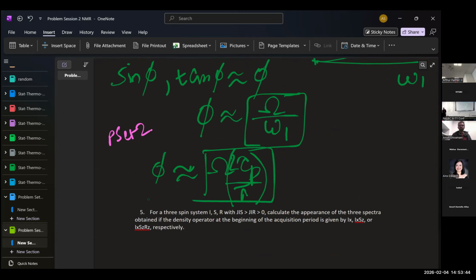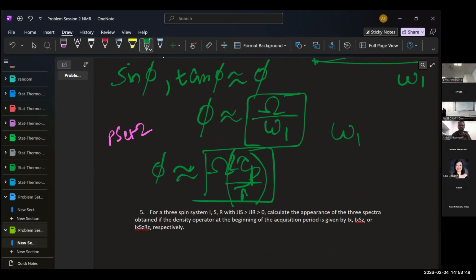The relation between omega 1 and tau p. Pi over 2. Interesting. I said 90 degrees. I'm not sure I heard you right. I thought I was hearing 180 for this.